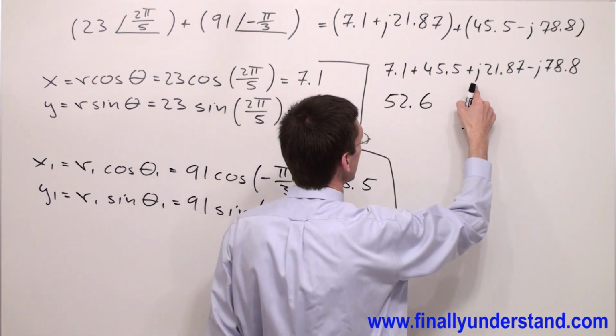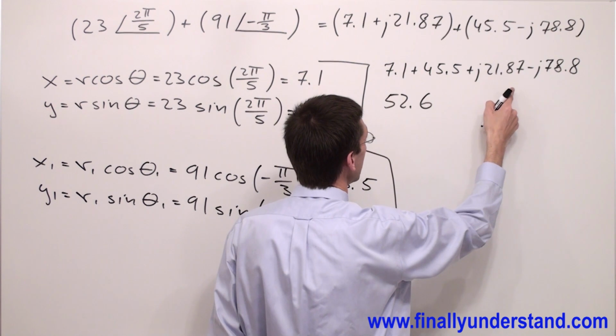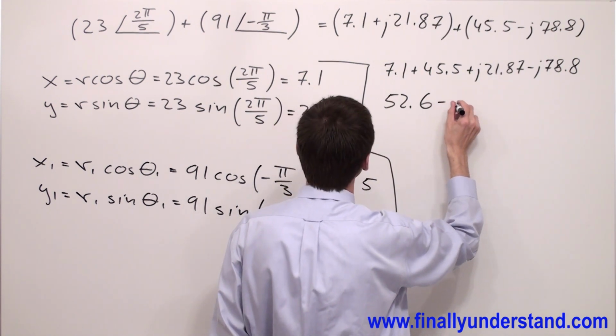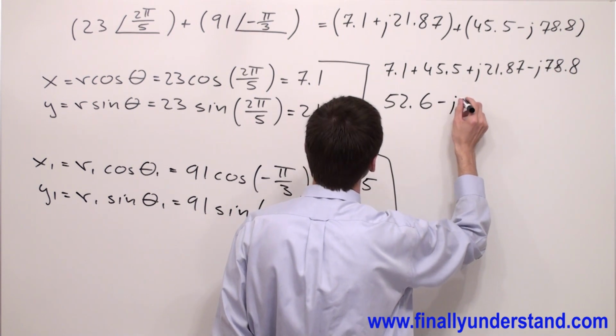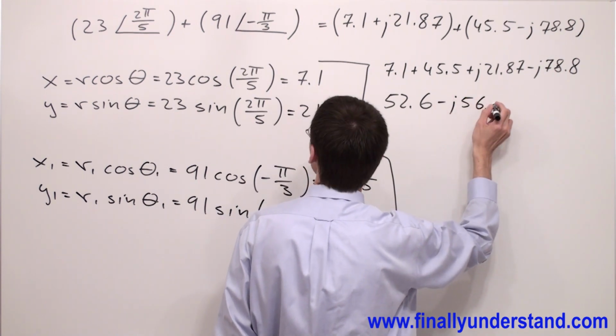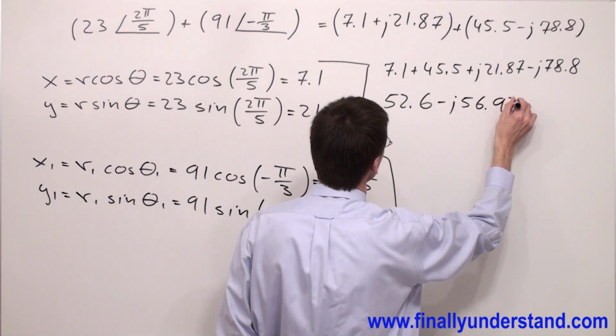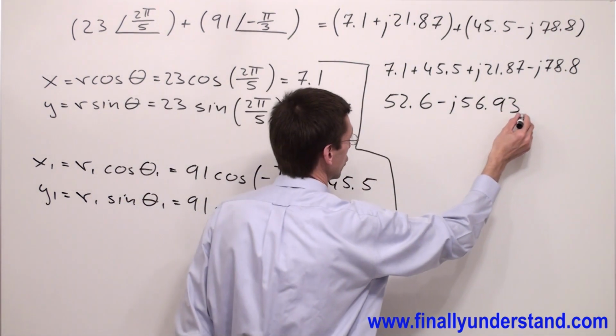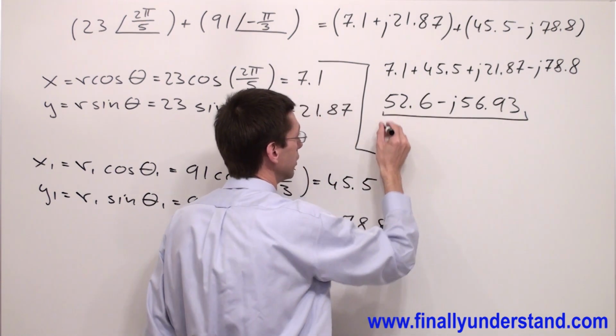And j 21.87 minus j 78.8 is equal to negative j 56.93. Okay, so this is the solution to my problem.